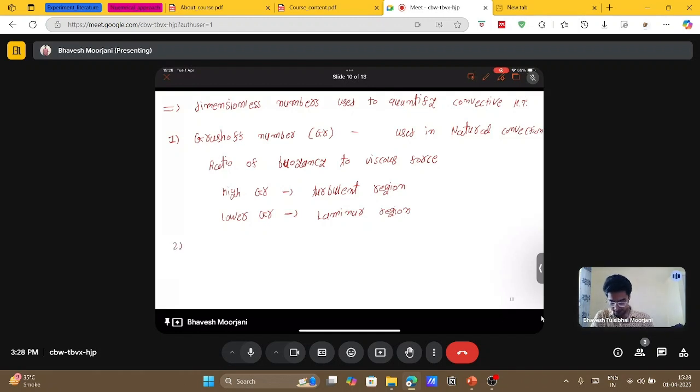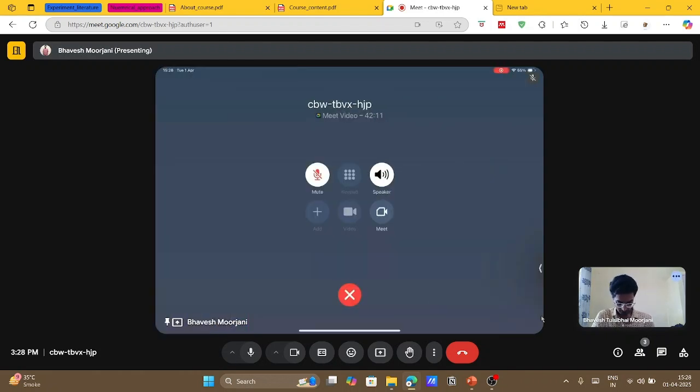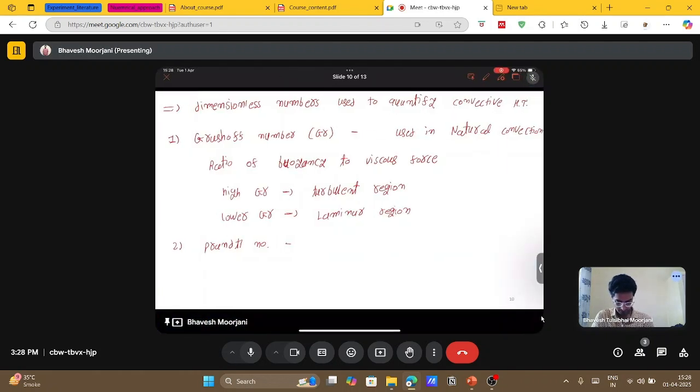Then second number, that is known as the Prandtl number. Now Prandtl number is kind of it relates the kinematic viscosity to the thermal diffusivity.